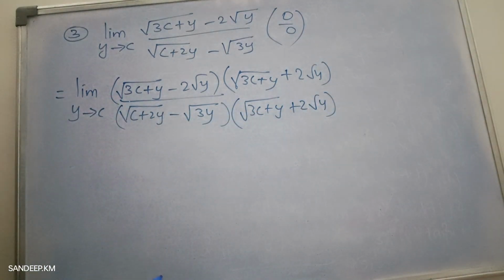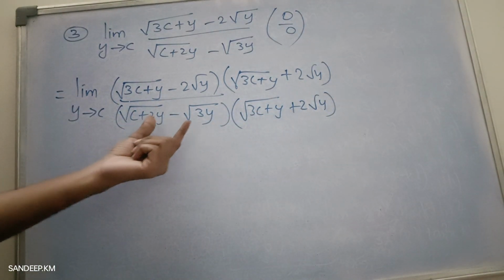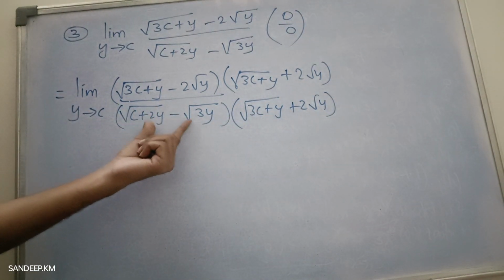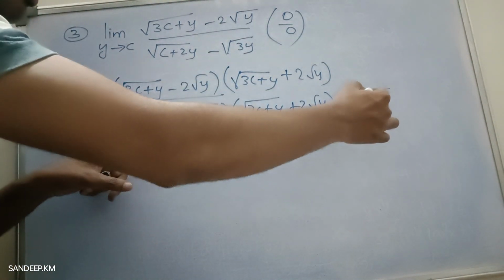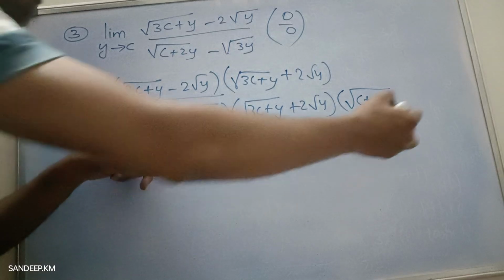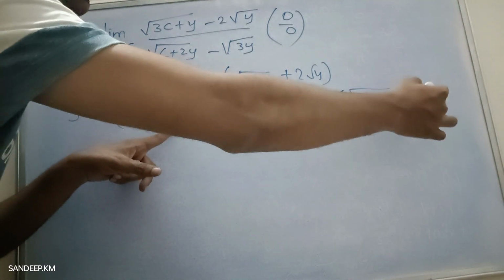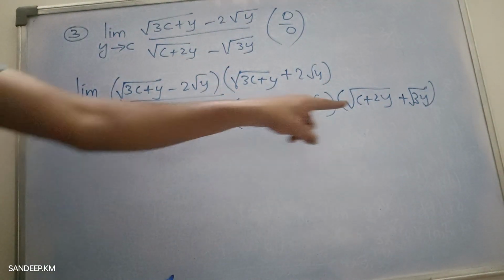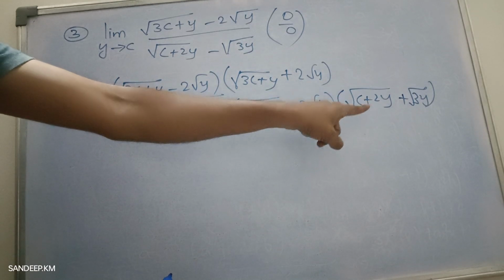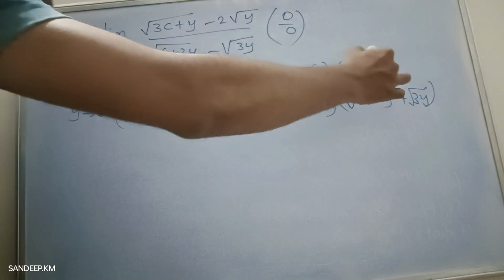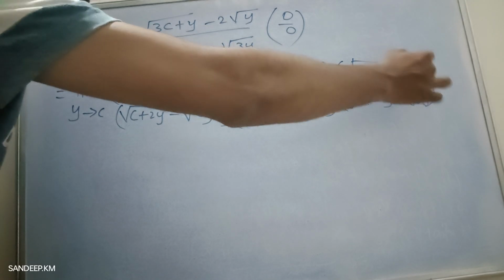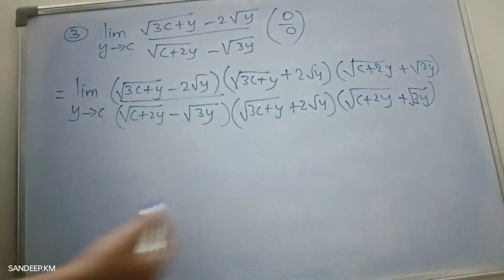And at the same time, rationalize the denominator also. Multiply with its RF, rationalizing factor. So the rationalizing factor of this is what? Root of c plus 2y plus root of 3y. Correct or not? If you multiply in the denominator, then multiply the numerator also with the same thing: root of c plus 2y plus root of 3y.